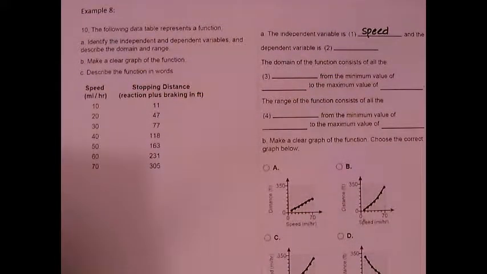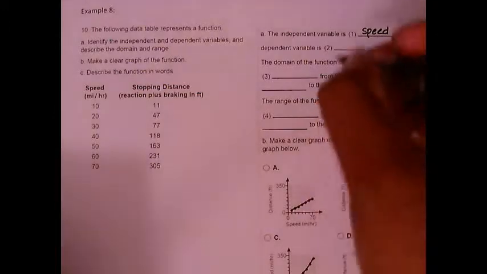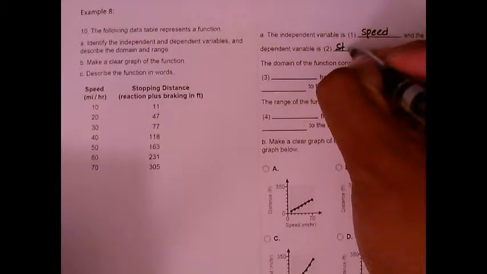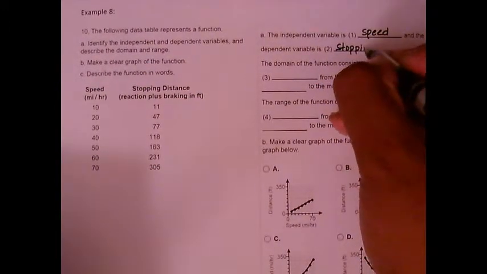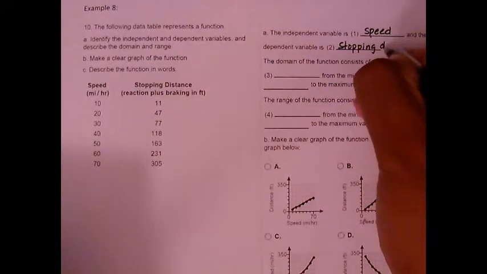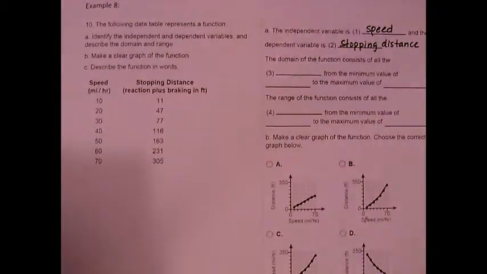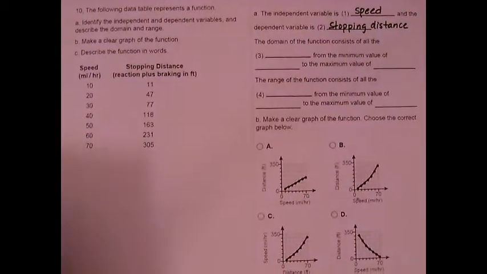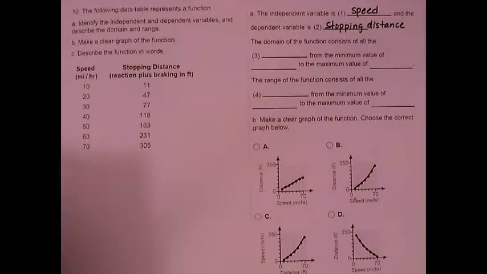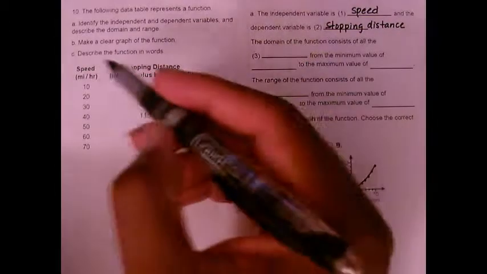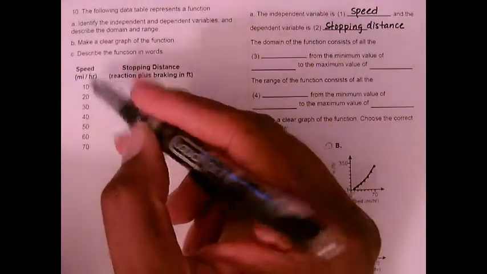The dependent variable will have to be the stopping distance, because that usually depends upon the speed. Alright, and then the next one is the domain of the function consists of all of the, well, the domain is going to be this right here.